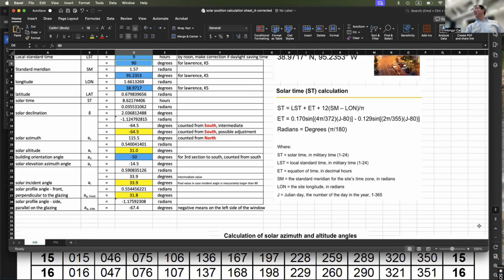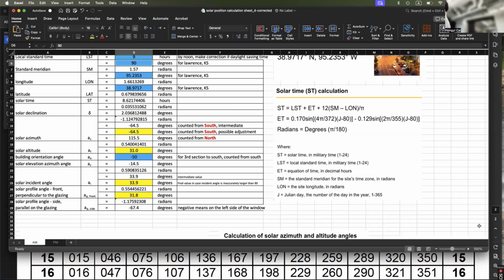This angle should also be with the polarity, right? So I'm assuming the downstairs entrance lobby for a portion of the windows. If it's minus 50, then your calculated solar profile angle, the incident angle, will be 33.9, and your front profile angle will be 31.8, and your side profile angle will be minus 67.4.